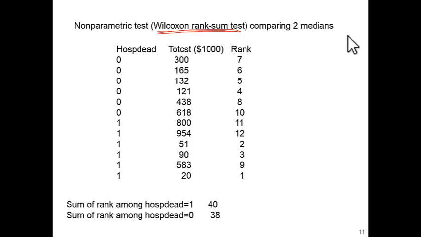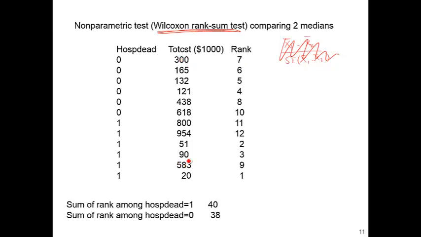In the t-test, as you remember, the t-test computes a ratio: the actual average difference between the two groups as the numerator, and the denominator is the standard error of that difference in averages. So it uses a mean and standard error. Instead of doing that, the Wilcoxon rank sum test uses the ranks of data.